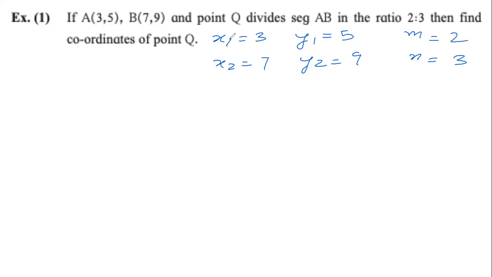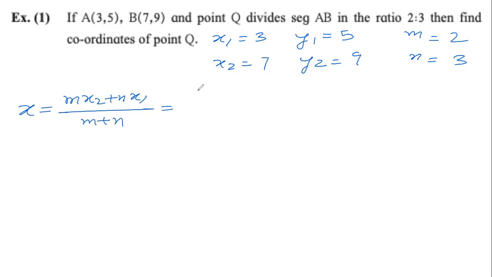Now we have to find the coordinates of Q. We will say let the coordinates of Q be x and y. So we will have x equals, now you know the formula, mx2 plus nx1 by m plus n.